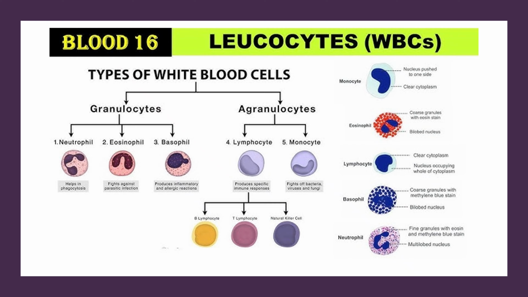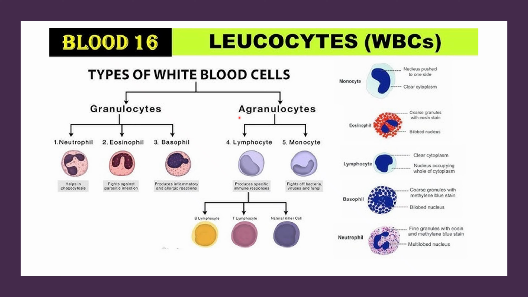So look at leukocytes, white blood cells. They call it WBC, key defenders against infection and part of the immune response. So the categories: the granulocytes, which are the neutrophils, bacterial defense, eosinophils, allergies and parasites, and basophils, histamine release.